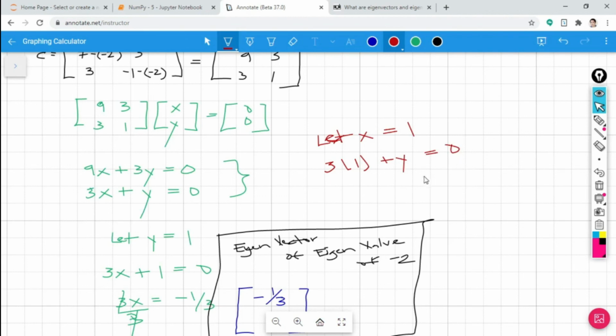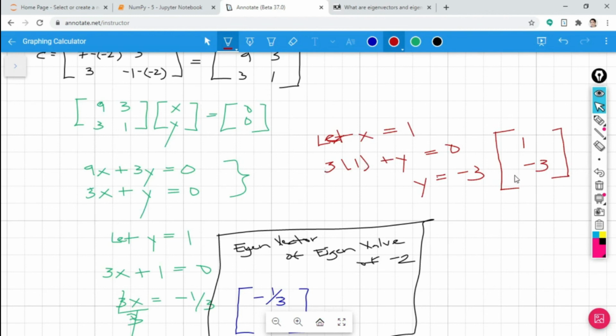So y is equivalent to negative, I think this is -3. So this is also an eigenvector, 1 and -3. This is also an eigenvector of the eigenvalue of, I think, -2.